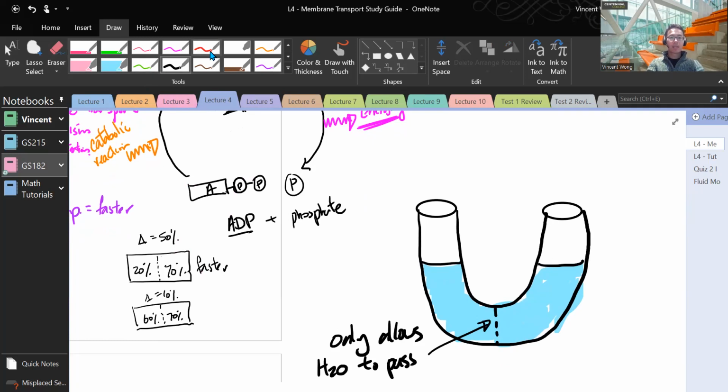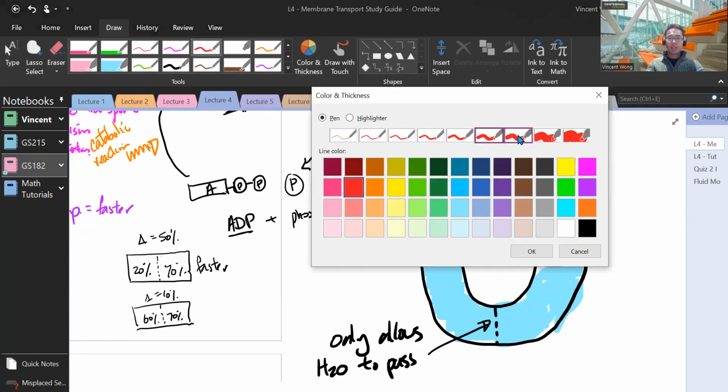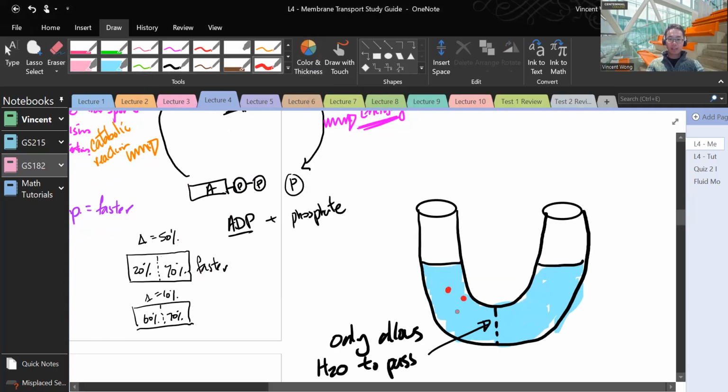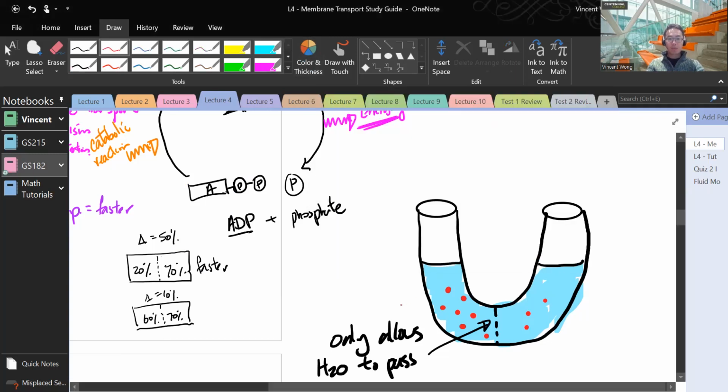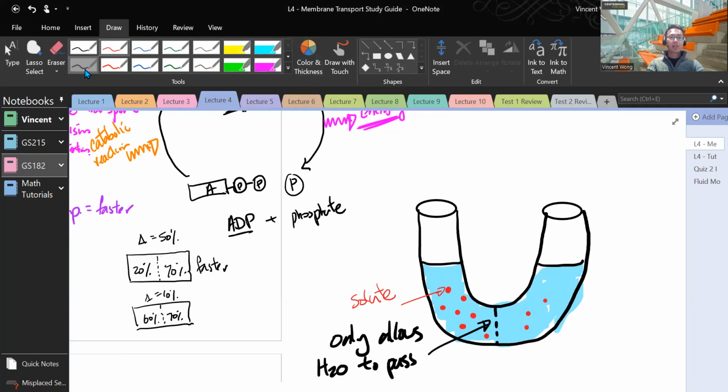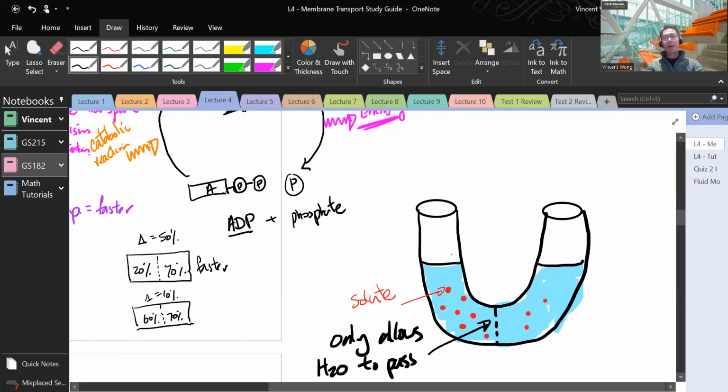Okay, nothing else. And let's say we have these solute that are dissolved in it, right? Okay, these red balls here, they are solute. Okay, so these are solute is what's being dissolved in the liquid, right? Solute. Okay. So what will happen over time? Okay, what will happen over time?